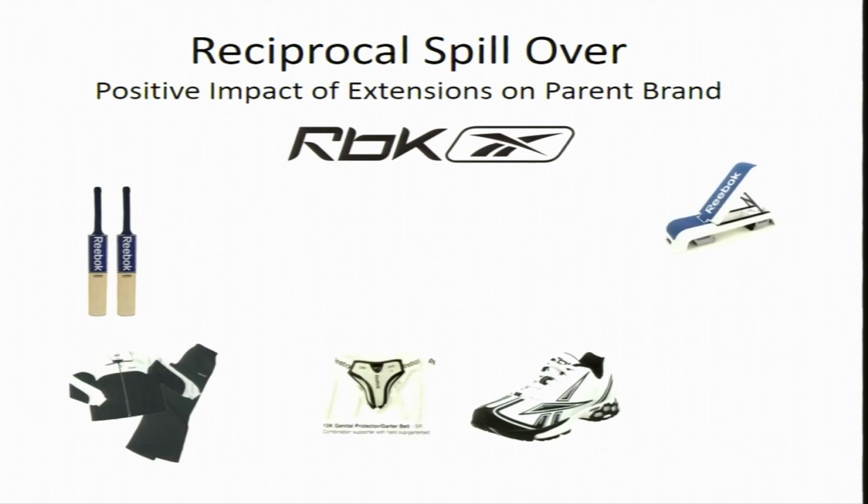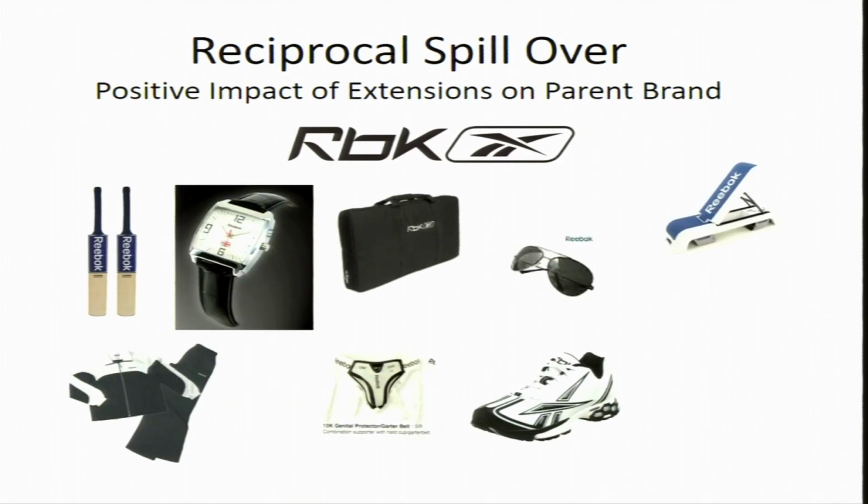Let us look at reciprocal spillover, which is the reverse, and here we have the example of Reebok. Now, you see, what is Reebok known for? Reebok is generally known for shoes. The moment we say shoes, we think of a few brands, and especially sports shoes, we will have Reebok as one of the top brands that will come to our mind. But today, when we think of Reebok, do we only think of shoes?